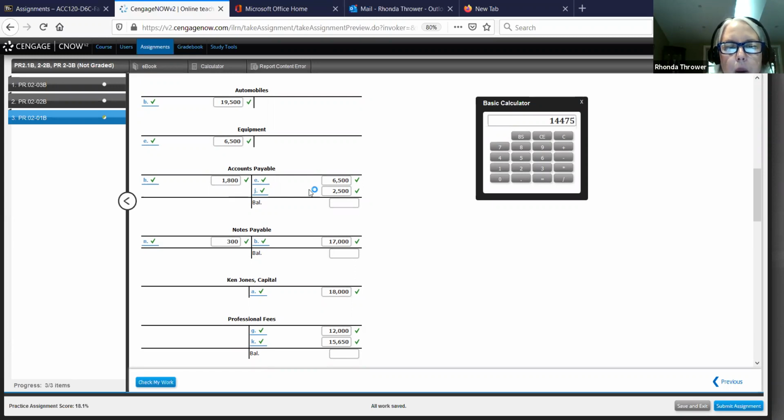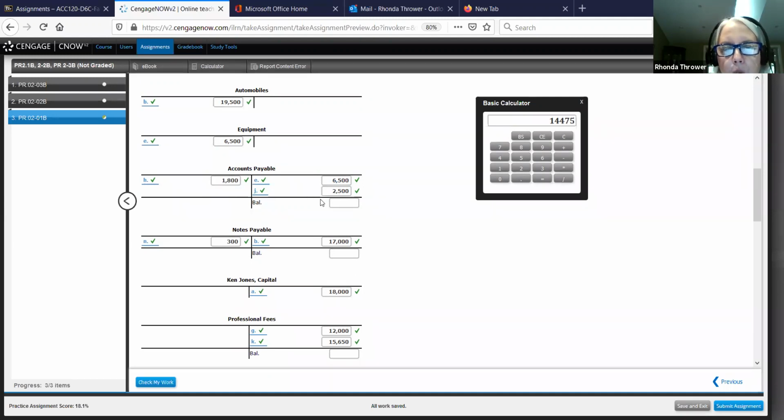Notice that accounts payable had several things going on with accounts payable. You need to remember that accounts payable is a liability. Liabilities increase on the credit side because they're on the opposite side of the equals mark from assets.